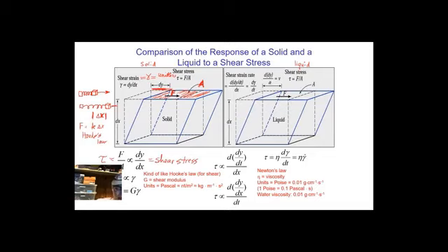Instead of Hooke's constant K, we have the shear modulus, G. That's the shear modulus. All that energy that we put in by stretching the spring is stored, right? The energy of doing this is K delta x squared over 2.